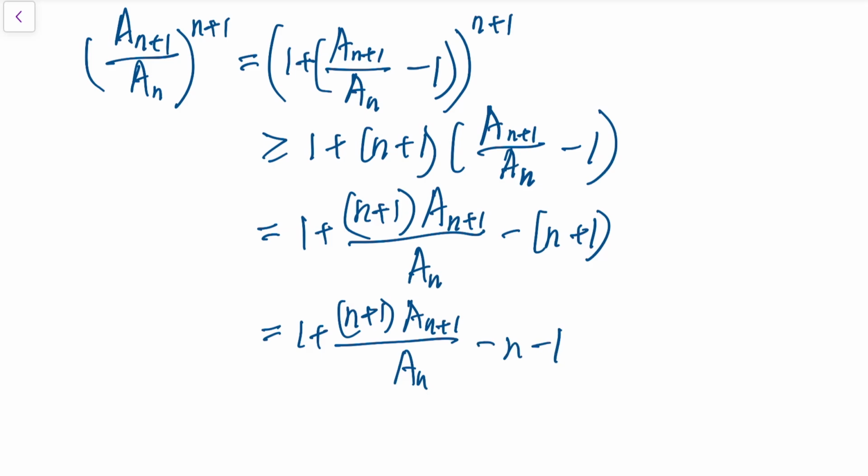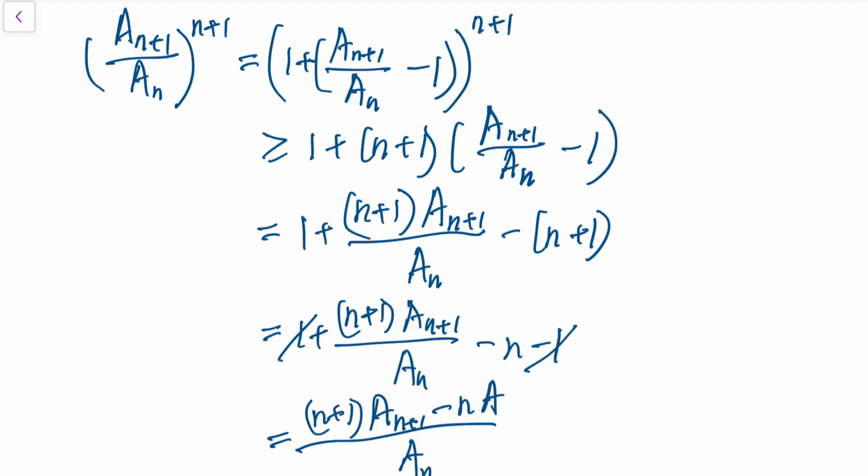So we have positive 1 and negative 1, so it cancels out, and we are left with (n+1) An+1 over An minus n.